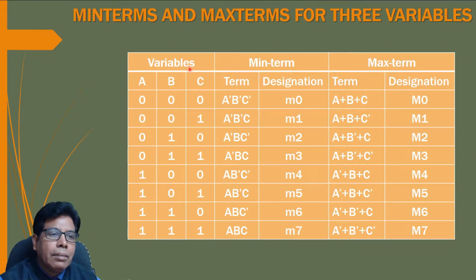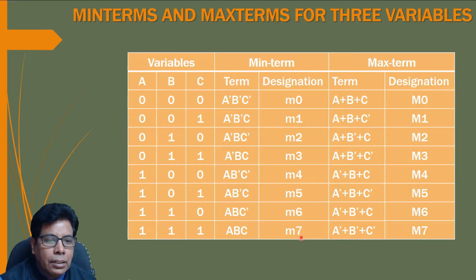You can see this table. Here we have the three variables A, B, C, and then we have the MINTERMS. These are designated with a small letter m and a suffix which is the decimal equivalent of the binary number. For 000, that represents 0.